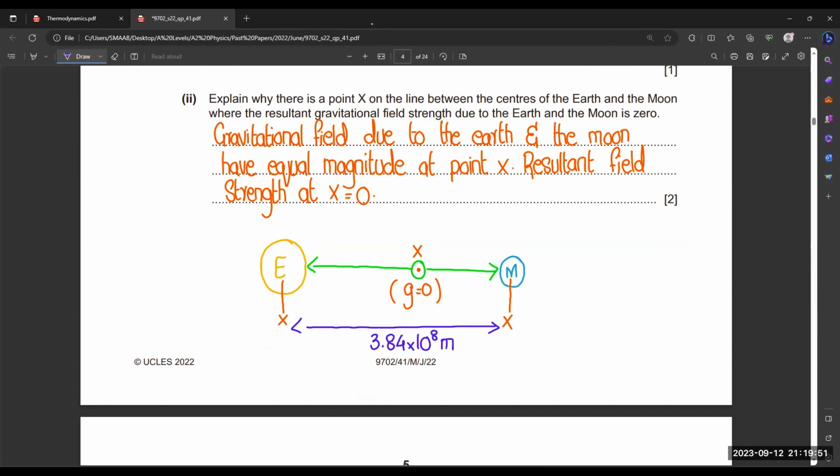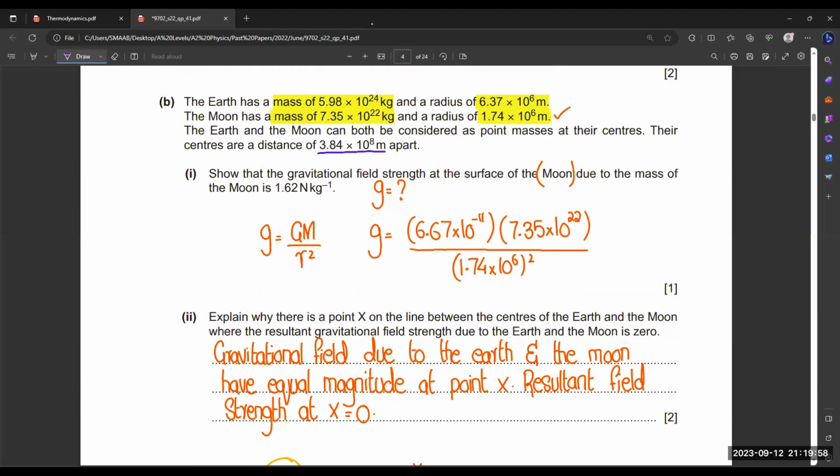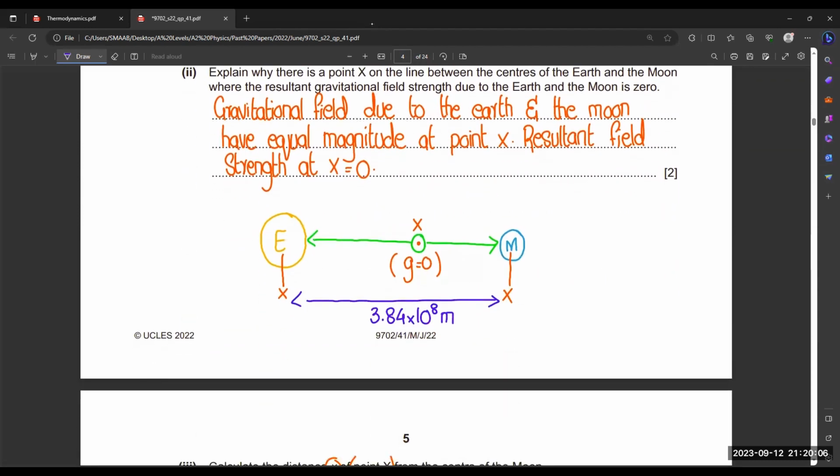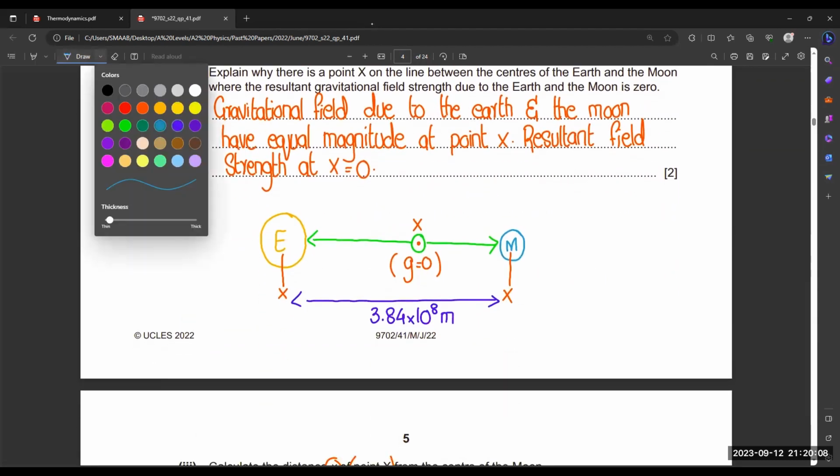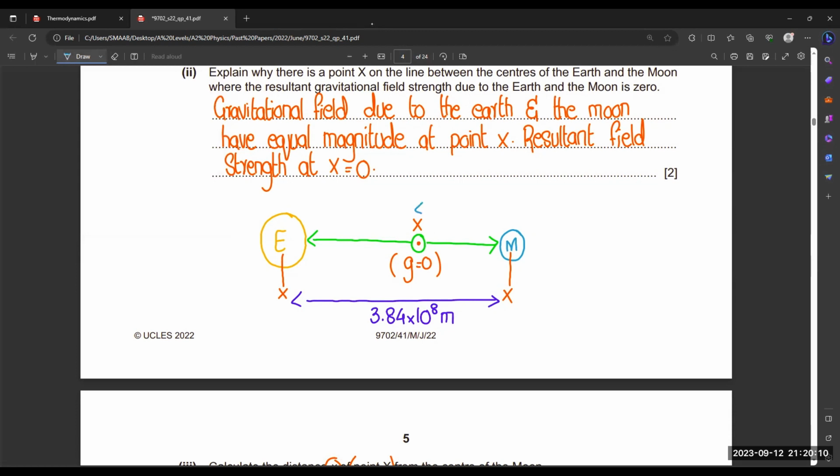So this is the distance between their centers, right? Like from the center of the earth to the center of the moon. It is mentioned in the question also, right? And they are asking the distance x. So they are talking about the moon. So basically we have to find this distance, the small x, from point X to the moon. Okay.